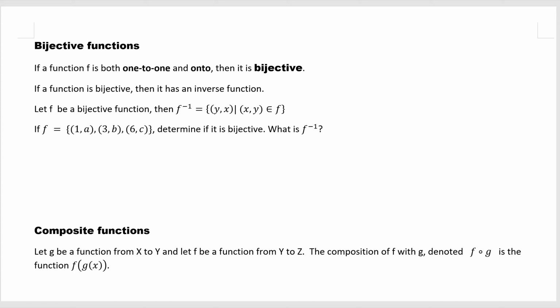So let's draw it. We have the domain 1, 3, 6 and the range A, B, C. 1 maps to A, 3 maps to B, 6 maps to C. You see, one element of X gets mapped to one element of Y, so we can see it's bijective.